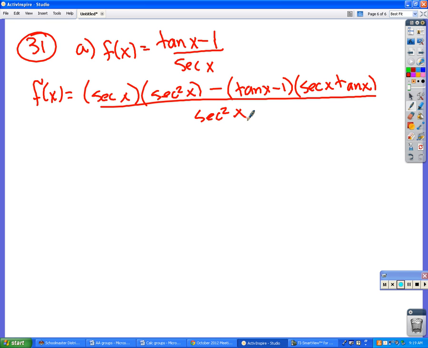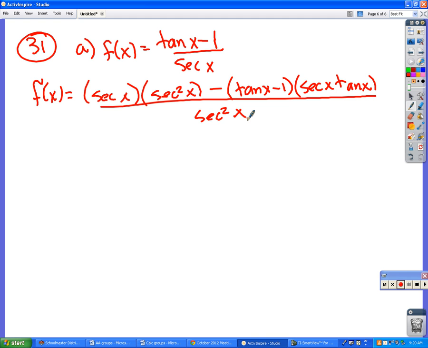Okay. And then I think that because we're going to be doing this in a different way, we better do some simplifying here. Okay? So what is secant of x times secant squared of x? Do I have to square the whole thing?